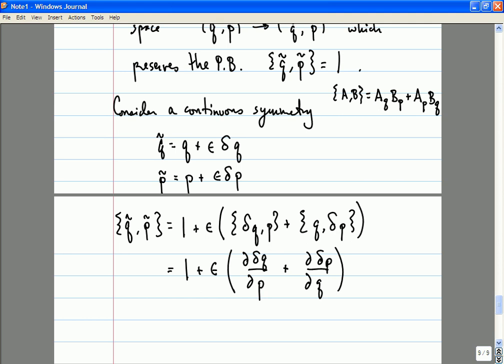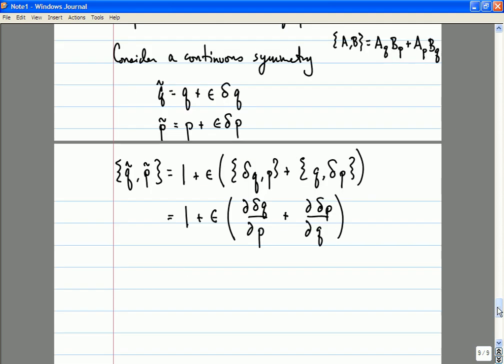So that means that continuous changes of variables in phase space, and in particular an infinitesimal change of variables in phase space which is a canonical transformation, has to have the property that all of the terms in this expansion in powers of epsilon have to vanish.